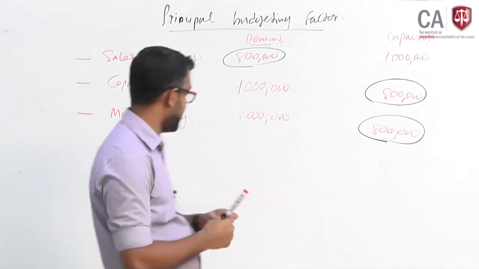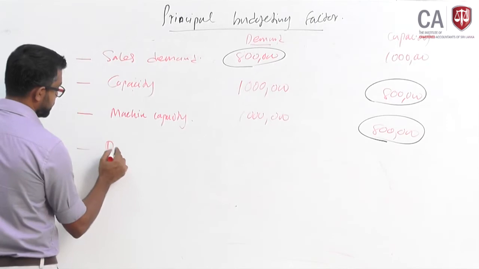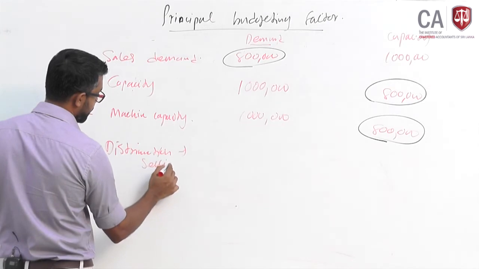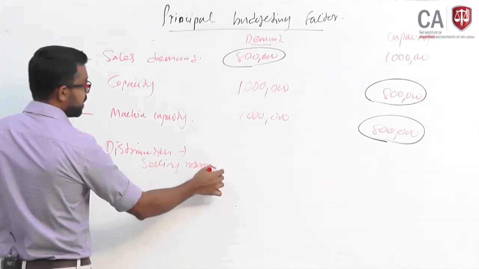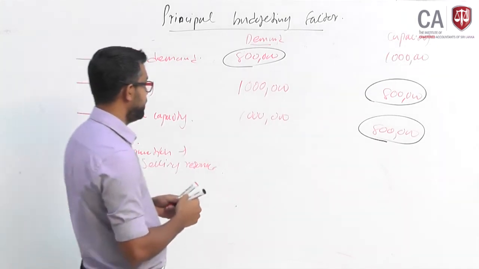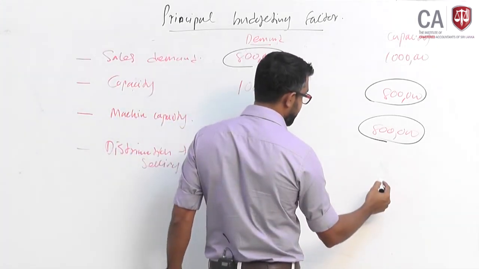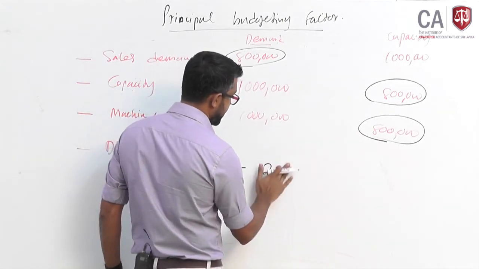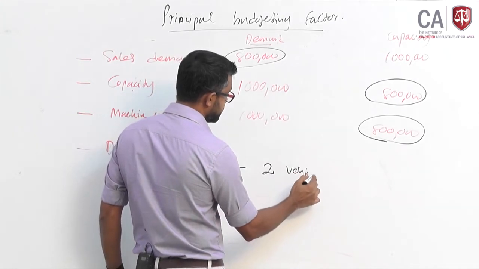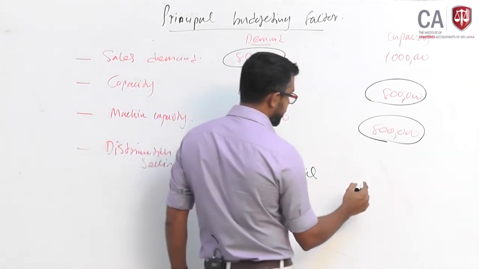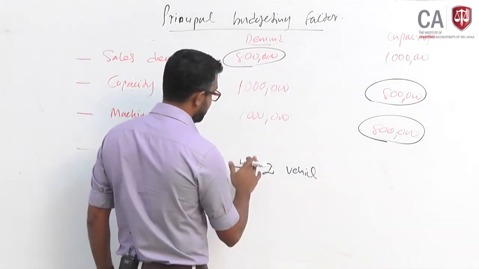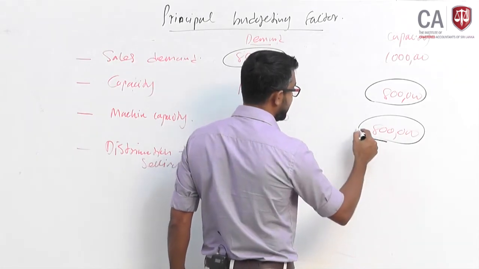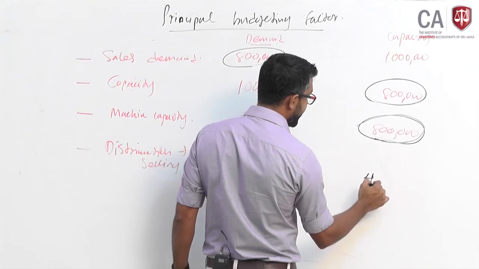Distribution and selling resources. Right? You have one vehicle to distribute. Let's say you have two vehicles. අපි හිතමු two vehicles කියලා. But if you plan, let's say, 800,000 capacity, it requires 4 vehicles.